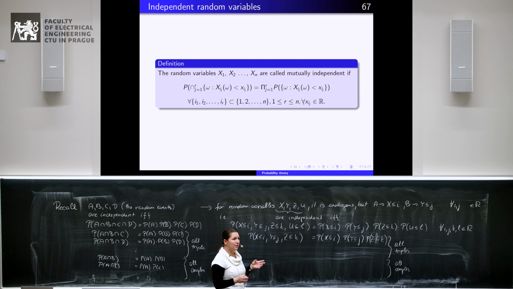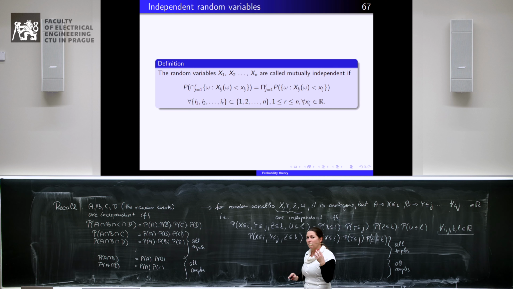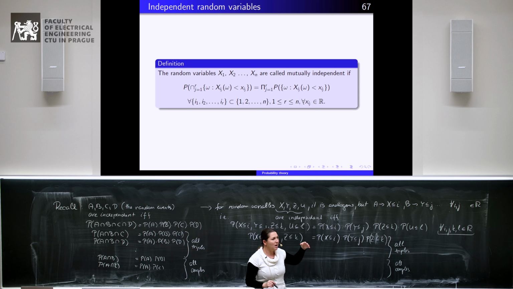Then it is very concrete, and in the definition of random variables, we have this condition that i, j, k, and l are arbitrary real numbers. So it must be satisfied for all i, j, k, and l from R. So in fact, the behavior which we describe in the brackets is stronger.